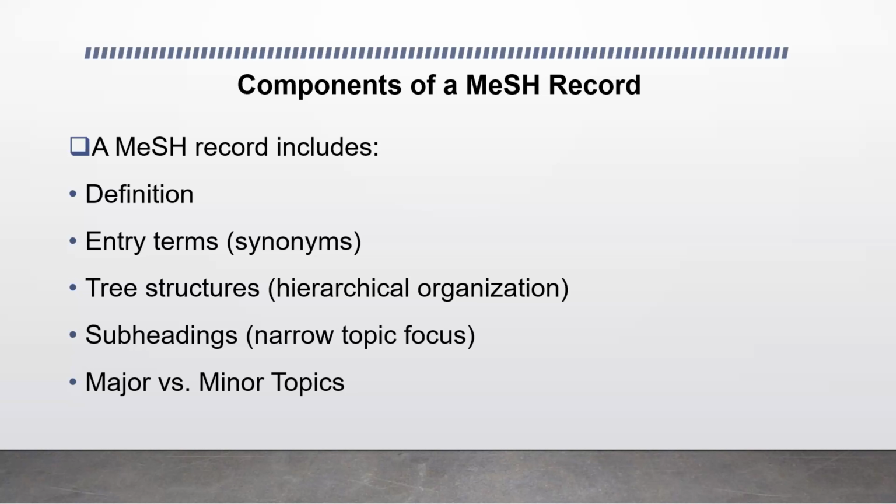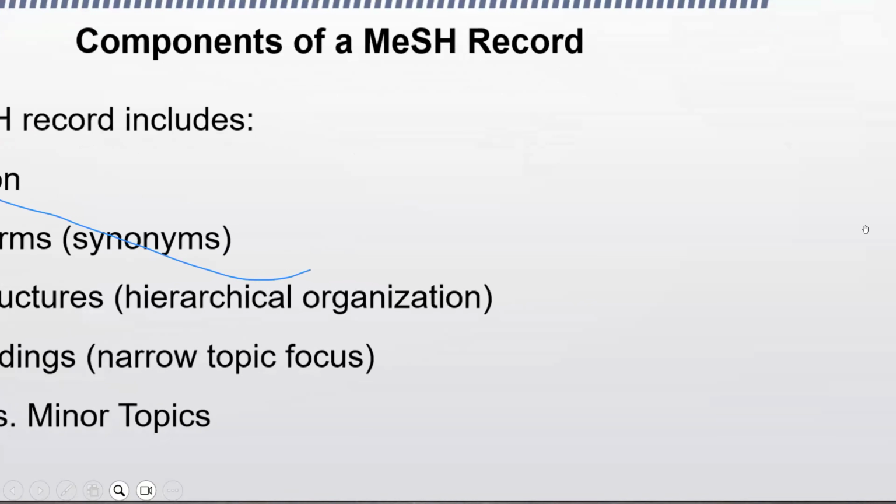So you will see the synonyms in your MeSH records. But also you can see the tree structure, the hierarchical organization from the top domain of the subjects to the low-level subject domain. You can see where that particular word fits into the hierarchical structure. Okay.